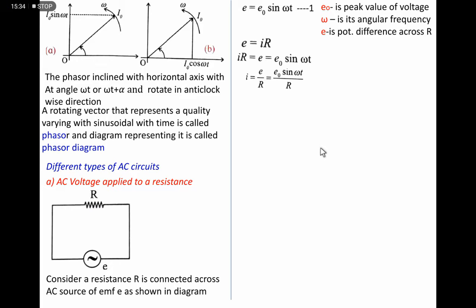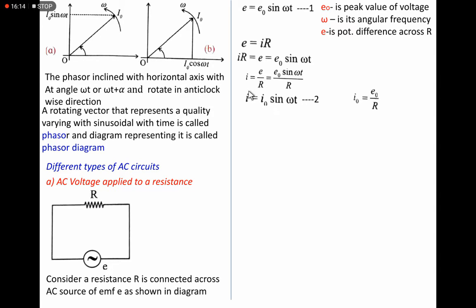When the EMF is applied across the resistance, the current is induced, and the equation of the current is I is equal to E by R is equal to E naught sine of omega t by R. Here E naught is the peak value of EMF, R is the resistance, then I naught is the maximum value of current across the resistance or in the AC circuit.